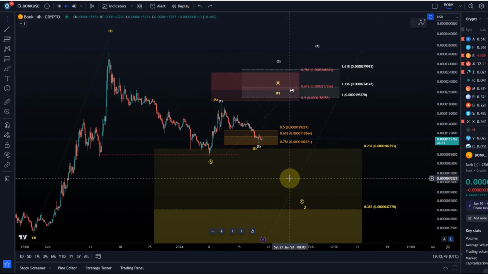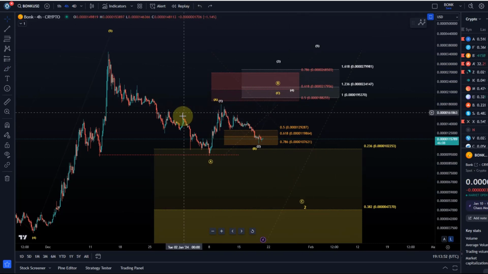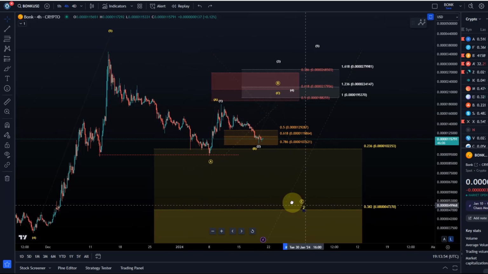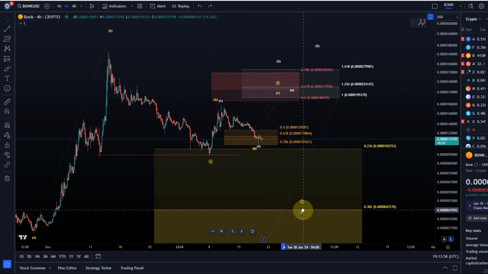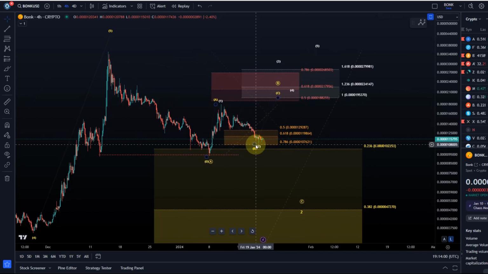In an alternative, the wave 2 already bottomed here, but it would be an unusually shallow wave 2 and nothing that I'm primarily watching for. I'm potentially watching for higher, yes, but only in wave C. So basically we could see a turnaround here. It's quite a deep pullback now, but that's good from a reward to risk point of view.